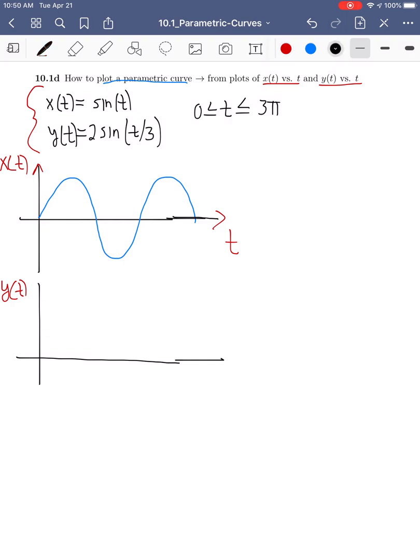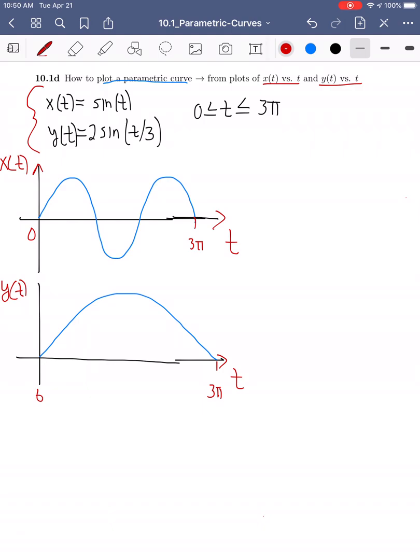The coordinate function y of t is equal to 2 times sine of t over 3, which looks basically like this. So again, the last t value we consider is 3 pi. The first t value we consider is 0 on both of these plots.